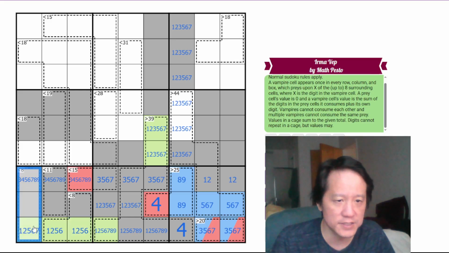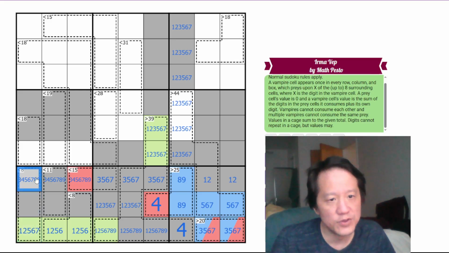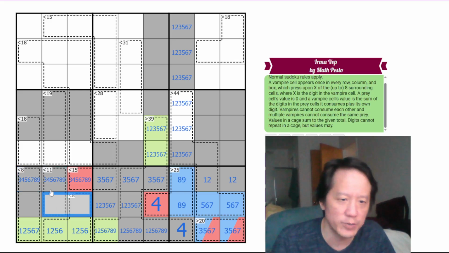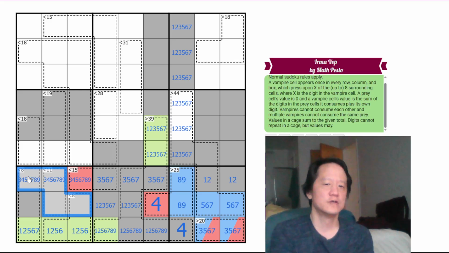This is less than 8. This must be preyed upon. These two must be preyed upon. You can prey upon all four of these, potentially.